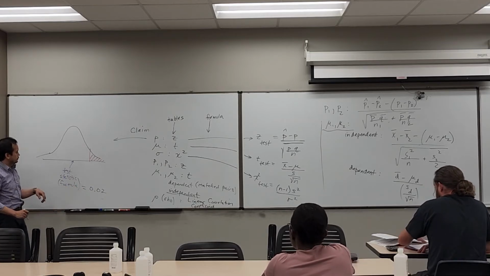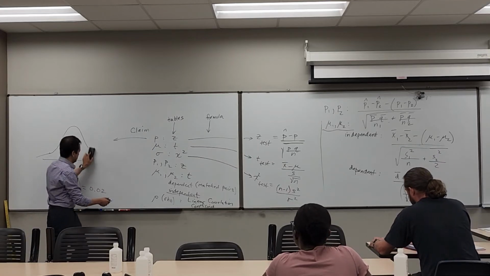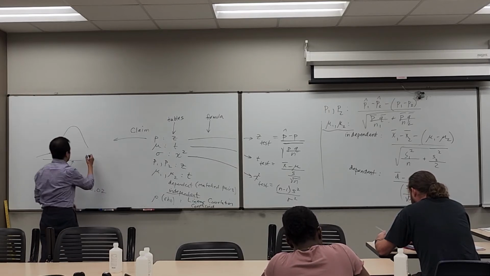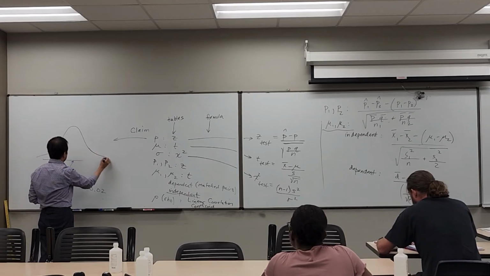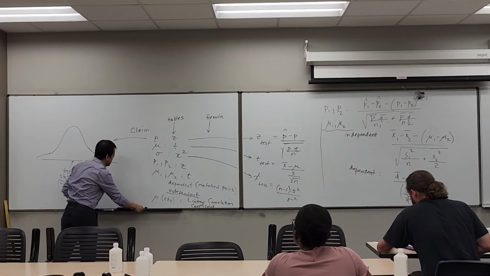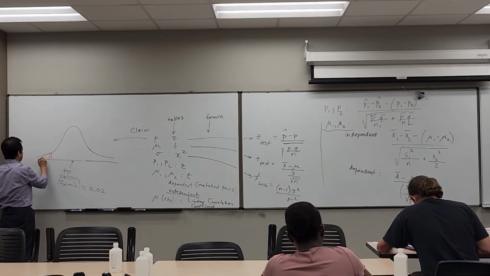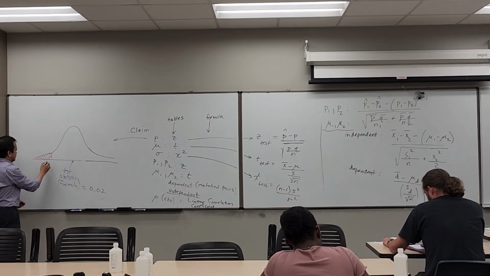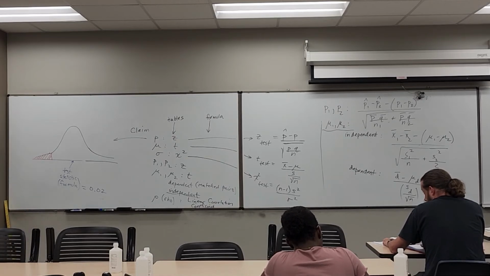And let's say that you have a one-tailed test here, and it happens to be a left tail. So let's say I ask you to find the p-value.